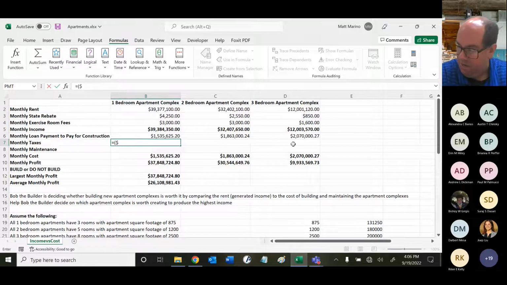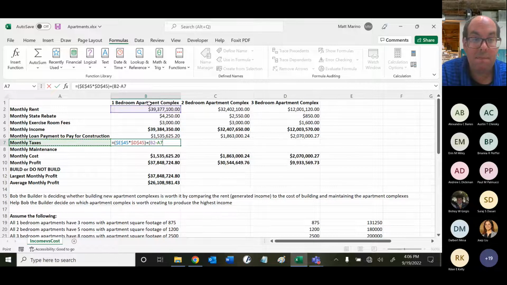All right, so we need to do an absolute of E45 times the absolute of D45. And then add B2 minus, so put a double open parentheses there.